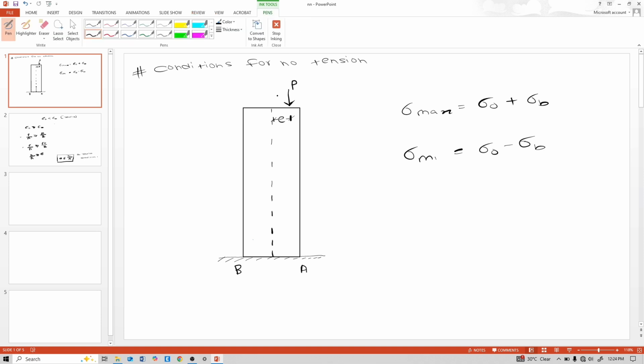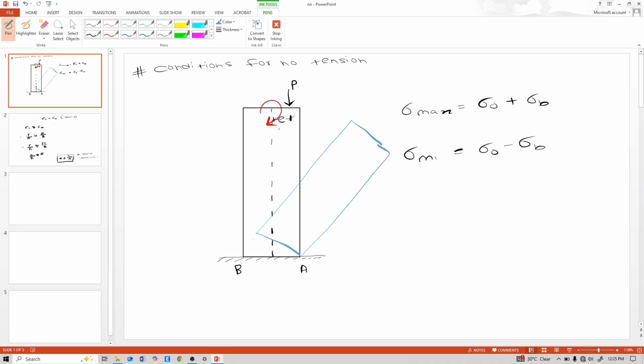So what will happen due to this load? This column generates a moment, and due to that moment this column tilts like that. Why will it tilt like that? Because there is a reason.